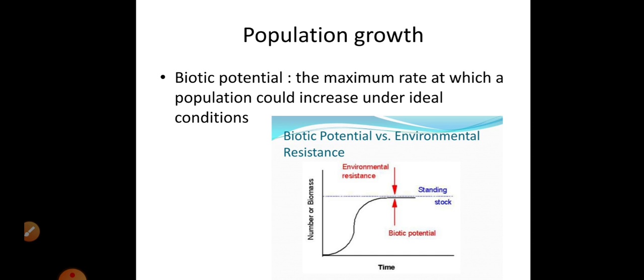It will reach something we call the biotic potential, which is the maximum number of individuals that could live in this environment without any problems, under ideal conditions. If everything is fine, there are no parasites, the food is found, water is found, no problem with them, so they will grow to reach the biotic potential.